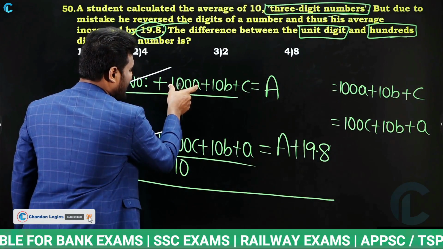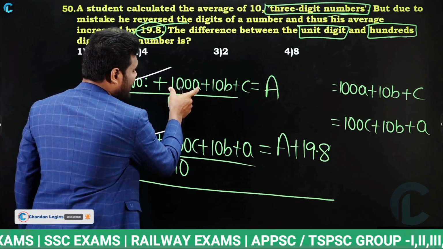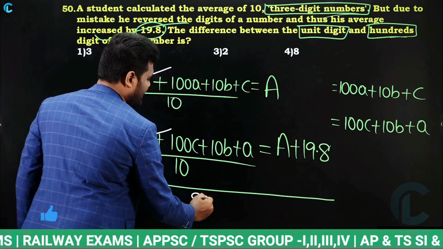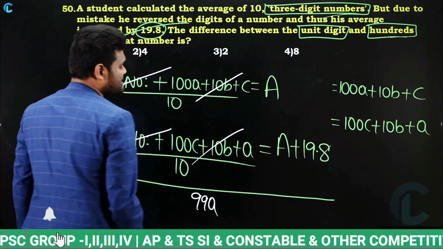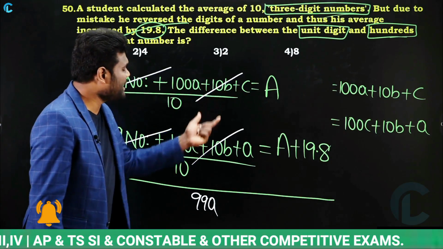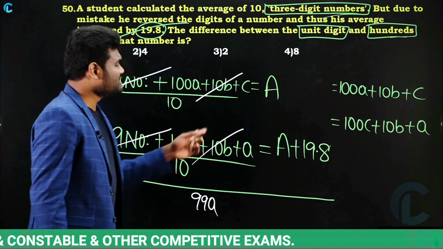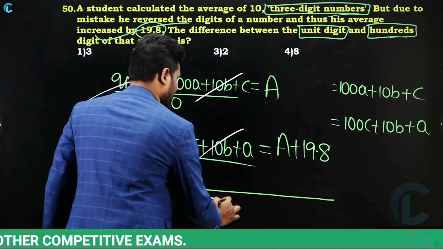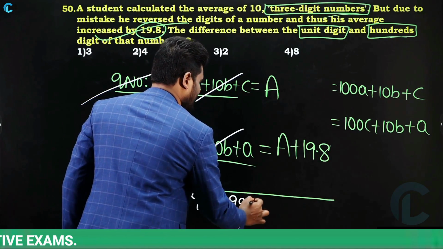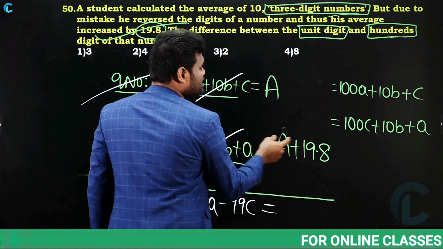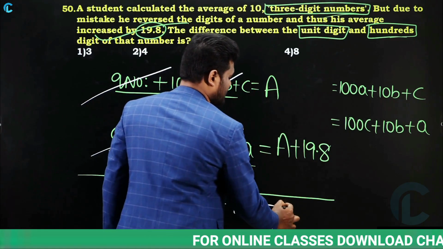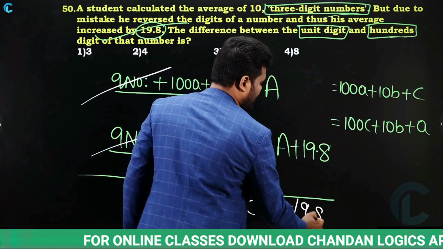Now 100A minus A is 99A. Similarly, 10B minus 10B gets cancelled. Now C minus 100C is minus 99C, equal to A minus (A plus 19.8), which is minus 19.8.